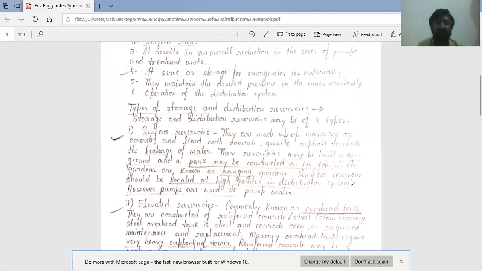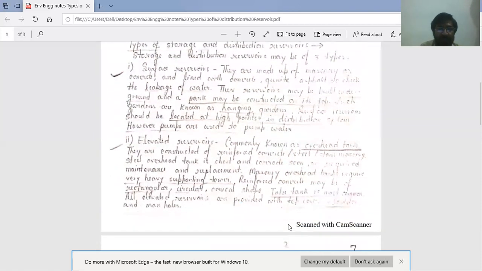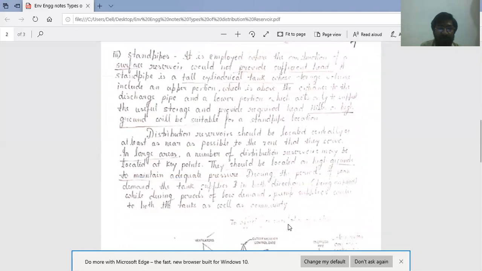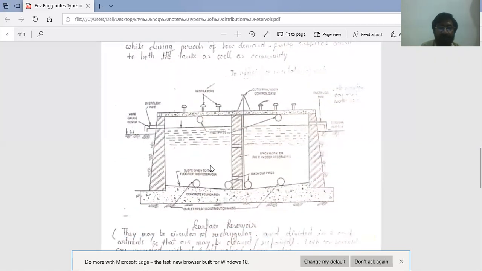Surface reservoirs should be located at high points to create a head in the distribution system. However, pumps are used to pump water. Sketch of surface reservoir. This is the figure of surface reservoir. This is ground level, GL. This is the tank constructed underground.